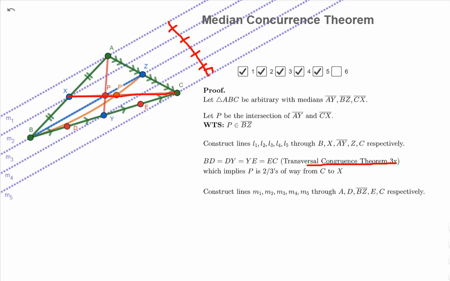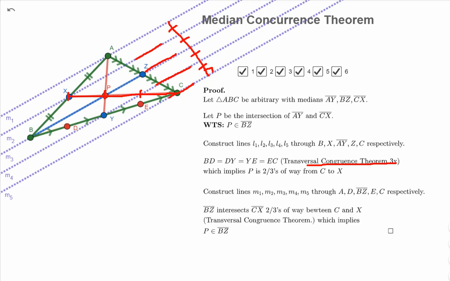Well, what happens to CX? CX is cut by M4 and M3 and M2 and of course M5. So I know that it will divide CX into 3 congruent segments, which implies that P has to be on the median.